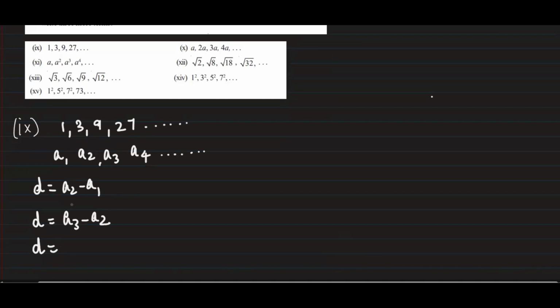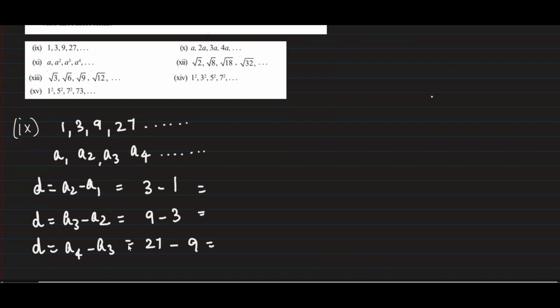If you find any 2, that is more than enough, but for better understanding I'm finding 3 here. So A4 minus A3. A2 is 3, so 3 minus 1. A3 is 9, so 9 minus 3. A4 is 27, the fourth term, minus the third term, which is 9.